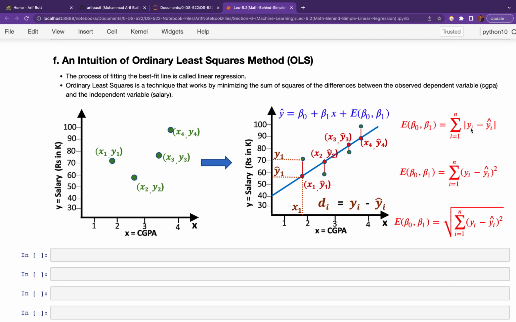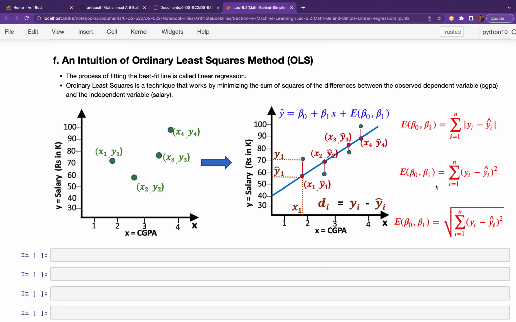Well, since this yi minus y hat, this distance between the green point and the red point, can be positive as well as negative depending on whether the regression line is passing below or above the actual point, this first formula is taking the absolute value. And the problem with this formula is that it is not differentiable. So in the second formula, we are just taking its square.